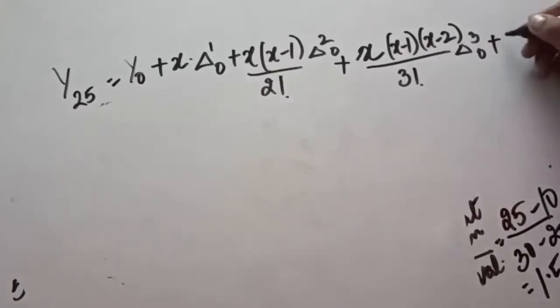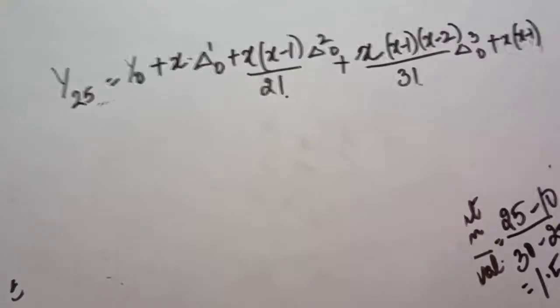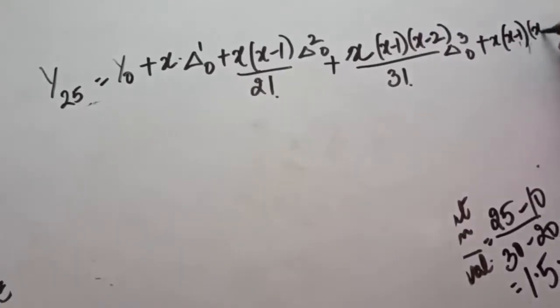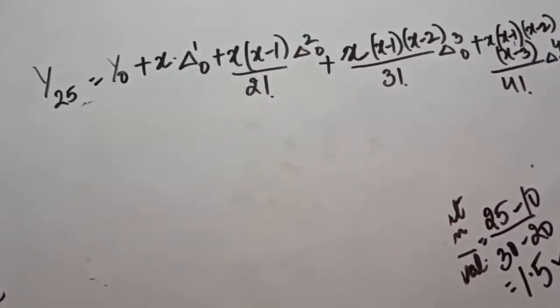So we can expand this formula further: x into x minus 1, x minus 2, x minus 3 divided by 4 factorial and delta 40. Now we will put the values in this full formula.